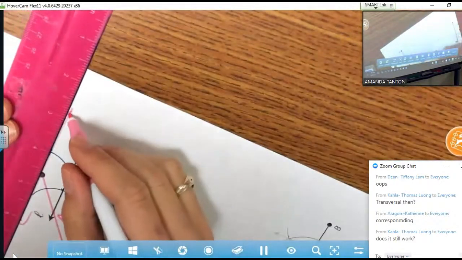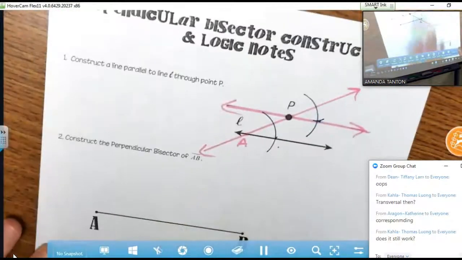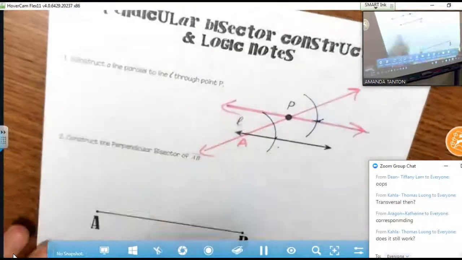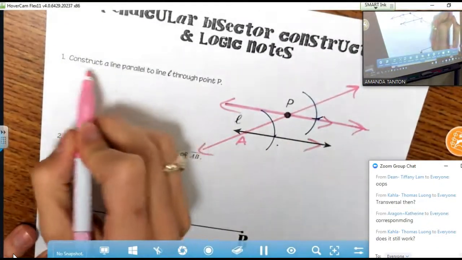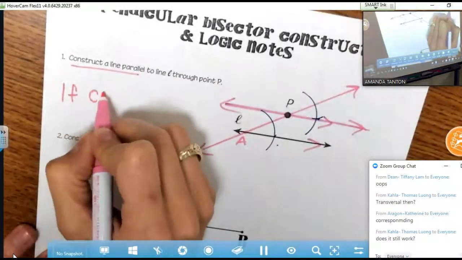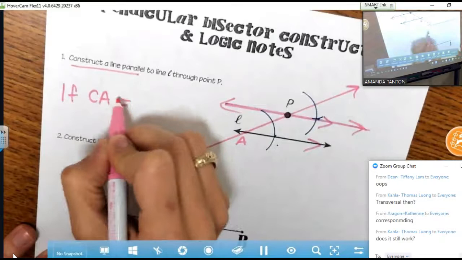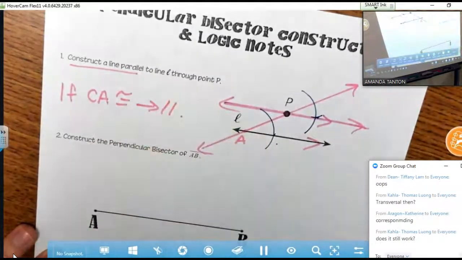I care less about you being able to do it yourself, but I care more about you knowing where it came from. Here's where the theorem came from. Construct a line parallel. Here's what we used. If corresponding angles are congruent, then we have ourselves some parallel lines.